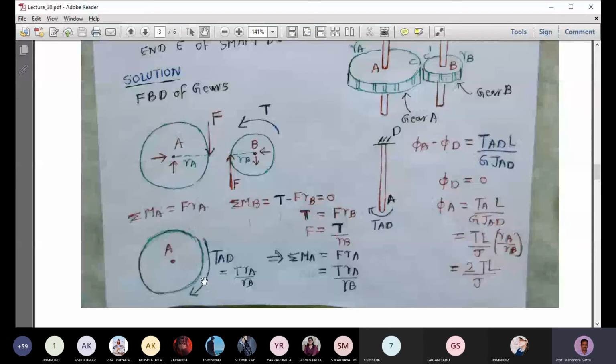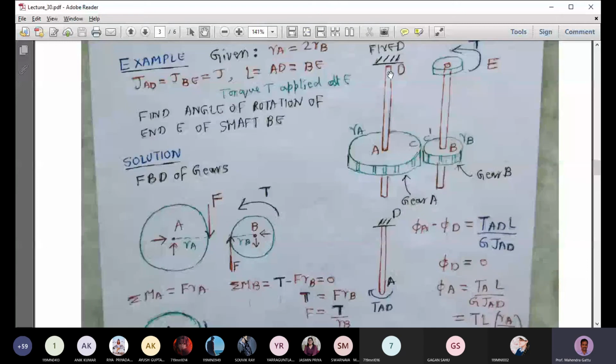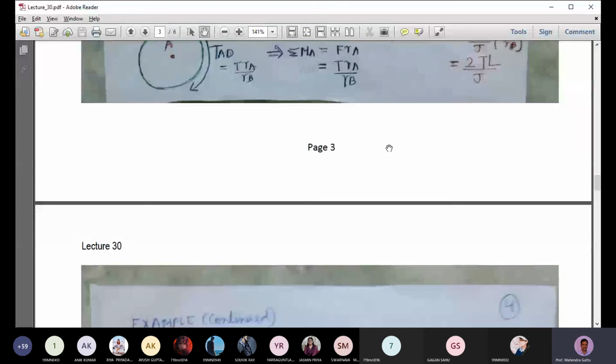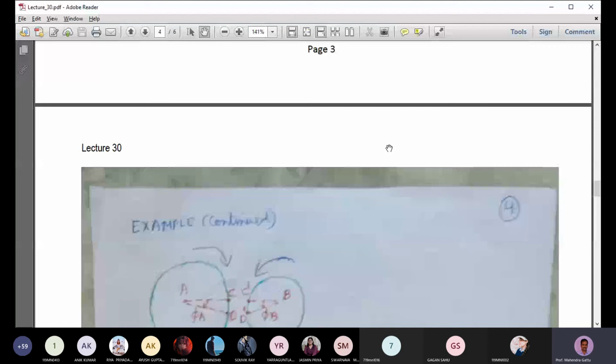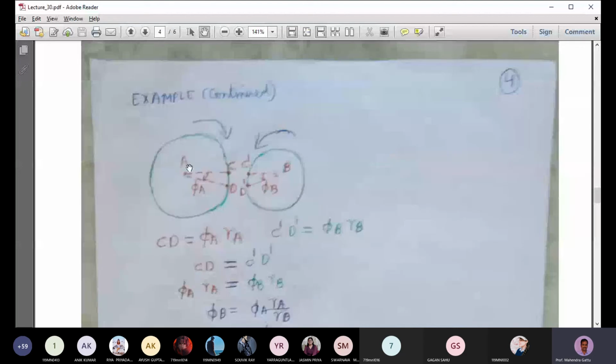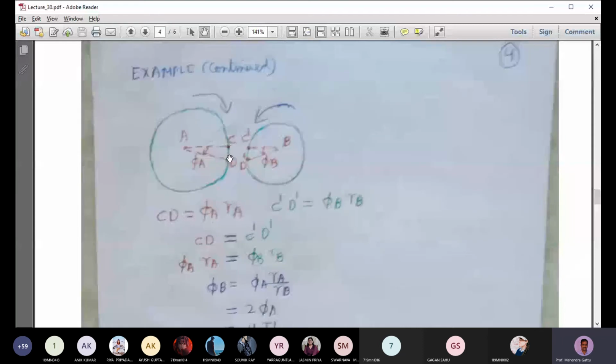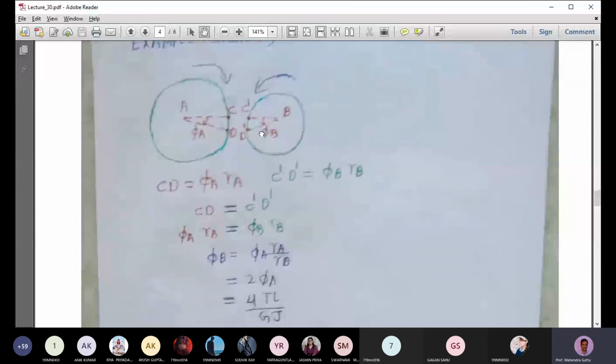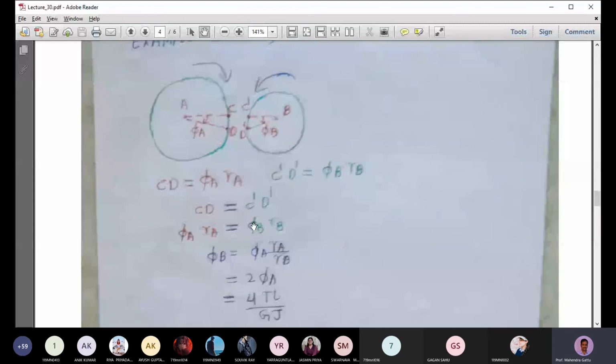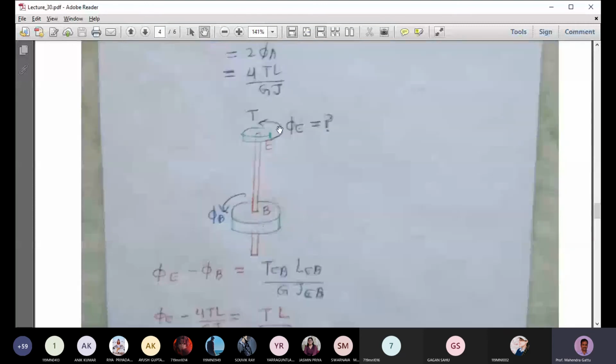Once we know the torque, we can find the change in angle phi A. And knowing the change in angle phi A, we can find the angle of twist produced at B, phi B, by equating the distance traveled along the arc. And once we know that, we can apply the relative change in angle of twist, phi E minus phi B, equal to TL by GJ for shaft EB.